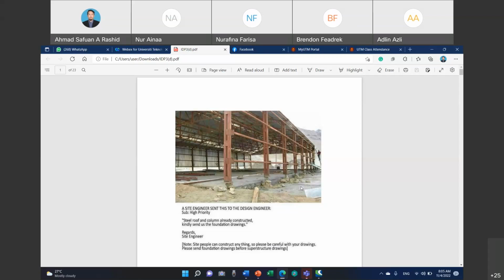So looks like it is very important for us to design for the substructure. But we need to get the correct information in order to design for the substructure.